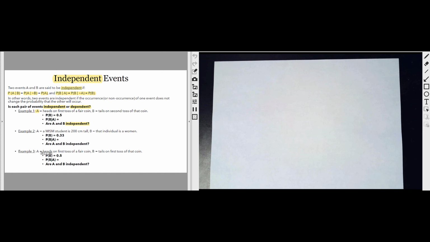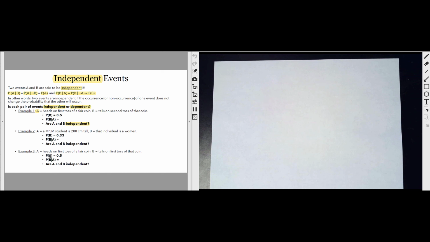Okay, another example. Here, the first event A is that we get heads on the first toss. B is that we get tails on the first toss. These, keep in mind, are mutually exclusive events. We're comparing the event that we get a head on the first toss with the event that we get a tail on the first toss.